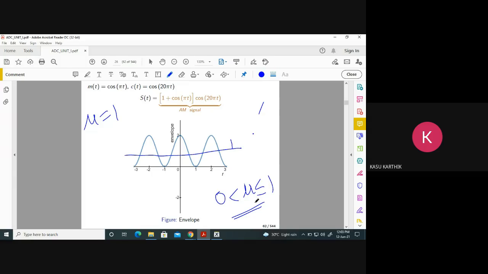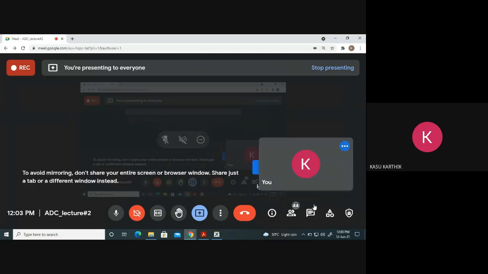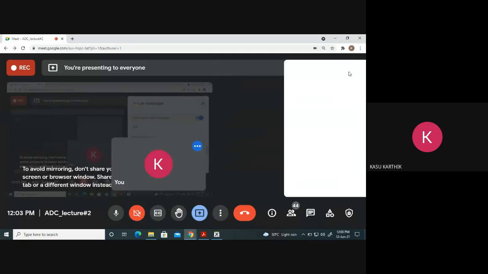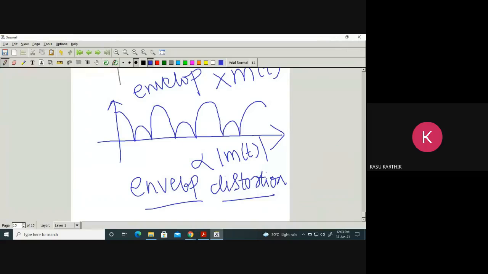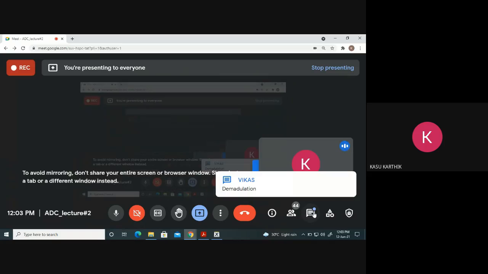What is the problem of envelope distortion? What do you think the problem is? We cannot get the correct message. Yeah, using envelope, you cannot get the correct message signal. Means using envelope, you cannot demodulate.